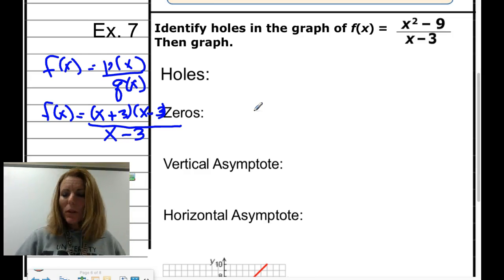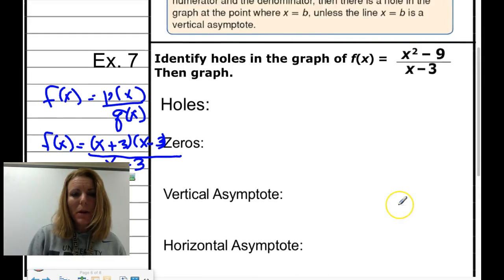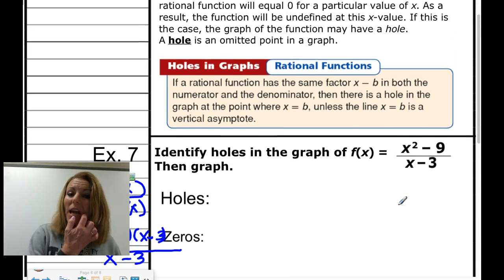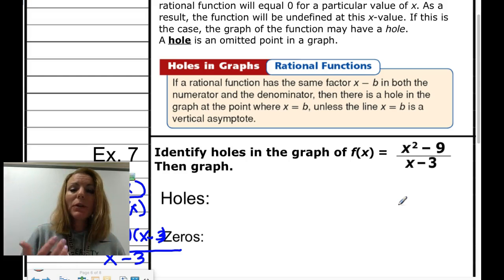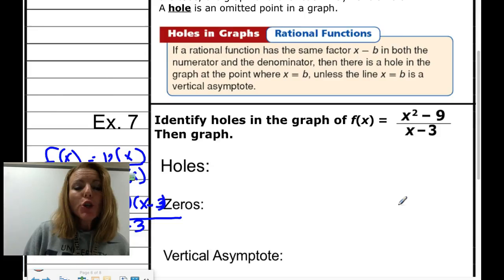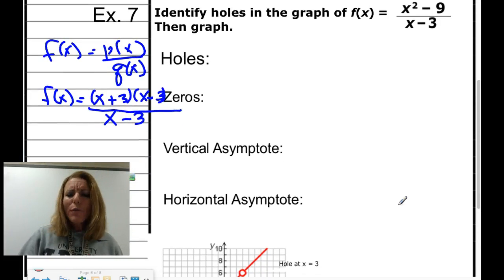However, if we go back up for a minute, I forgot to say, if a rational function has the same factor x minus b in both the numerator and the denominator, then there is a hole in the graph at this point, unless the line x equals b is a vertical asymptote. So let's look at the hole first.